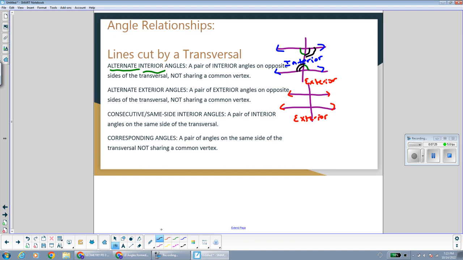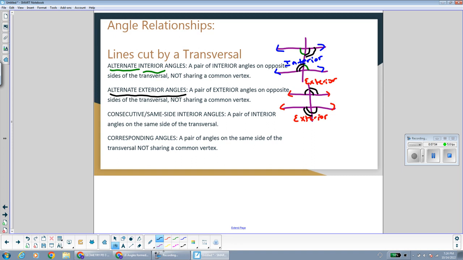So alternate exterior angles would be outside the lines on different sides of the transversal. So if this exterior angle is to the left of the transversal, the angle alternate exterior to it would be on the right of the transversal. If this exterior angle is to the right of the transversal, the angle alternate exterior with it would be to the left of the transversal.